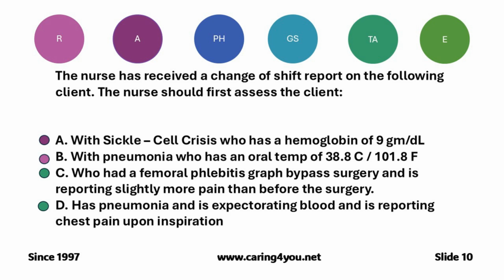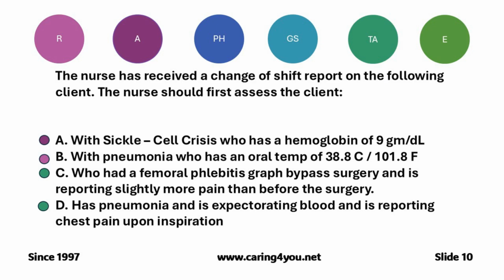All right, let's read D. Has pneumonia and is expectorating blood and is reporting chest pain upon inspiration. Okay, this client is reporting something to you. We need to take action, right?